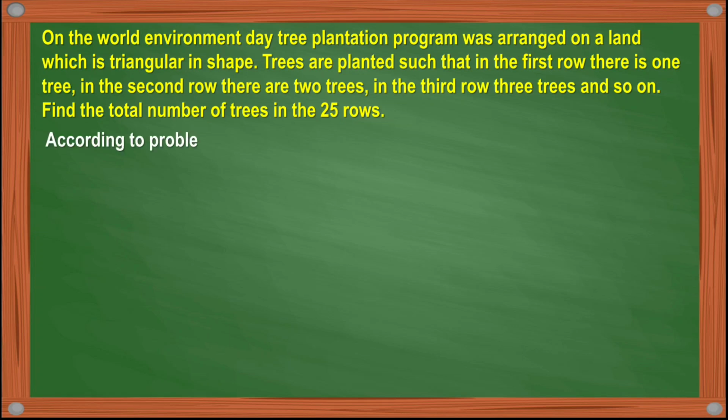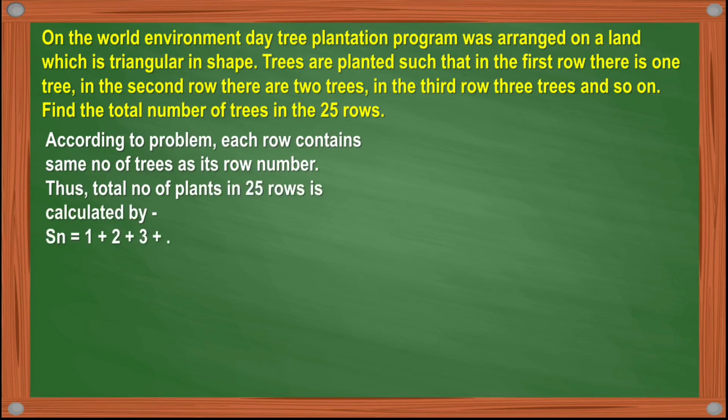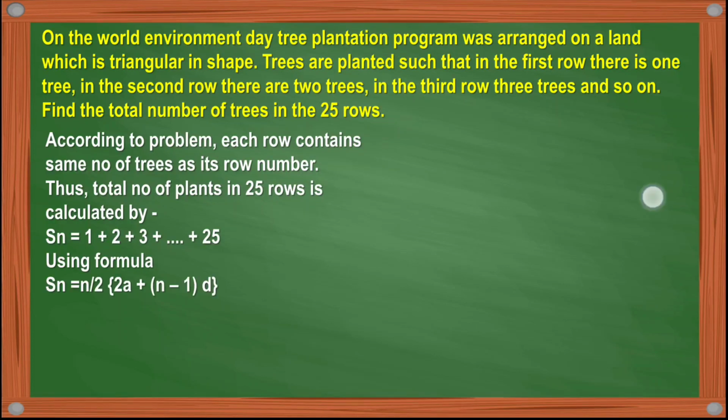So according to the problem, each row contains the same number of trees as its row number. Thus, the total number of plants in 25 rows is calculated by adding the number of trees in the first row to the number of trees in the last row. So using the formula of Sn equals n upon 2 into 2a plus n minus 1 d, 25 upon 2, 2 multiplied by 1, as the value of a is 1, 25 minus 1 multiplied by 1.